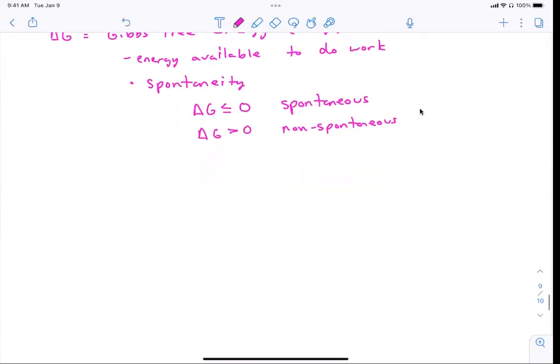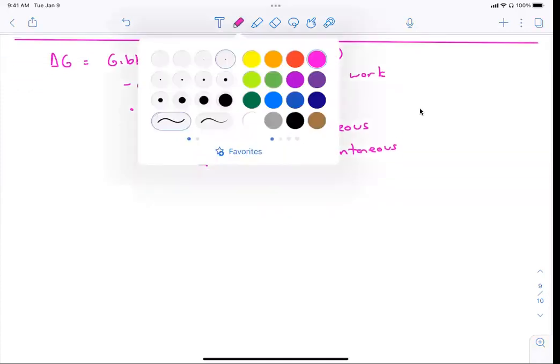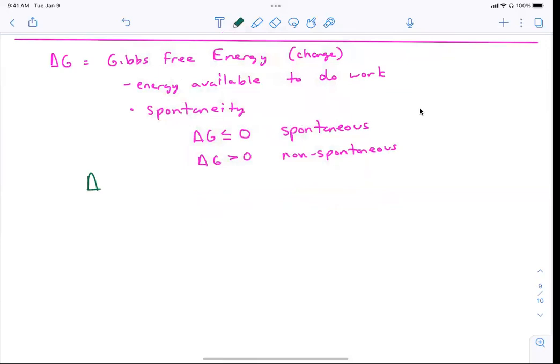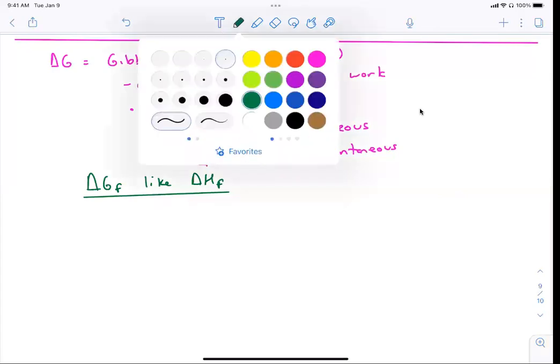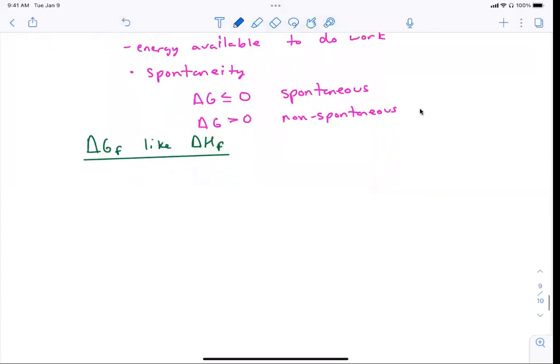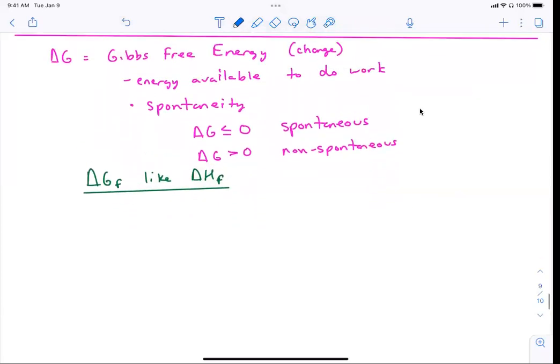Now, you can do delta G using formations just like delta H formations, like we talked about earlier. So you can do it like that, but that's not the way they're usually going to have you do it. What they'll do is they'll expect you to use this equation, and this is given to you in the data booklet, so you don't have to memorize it.